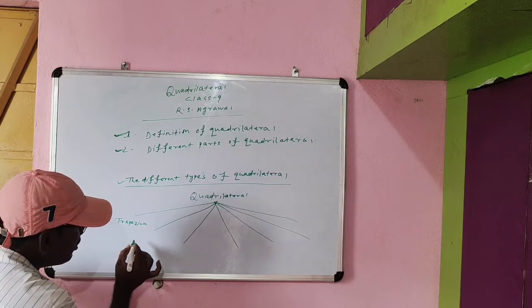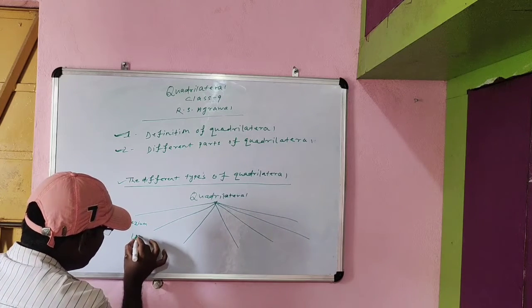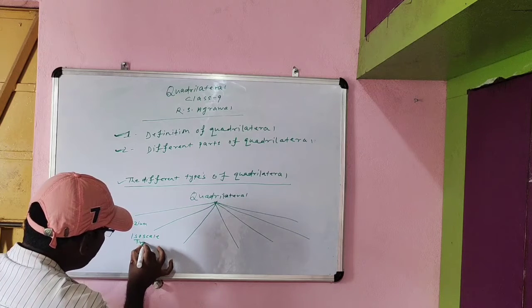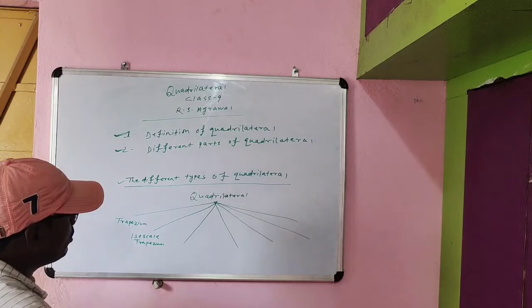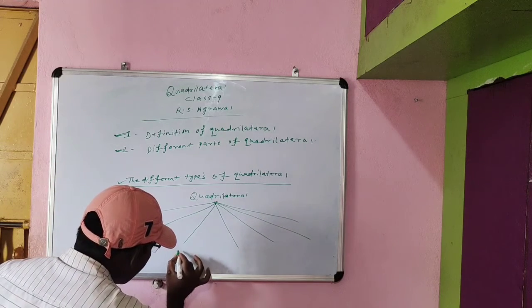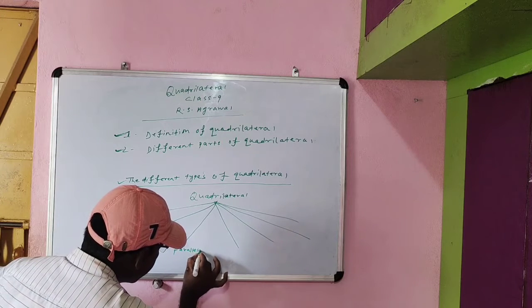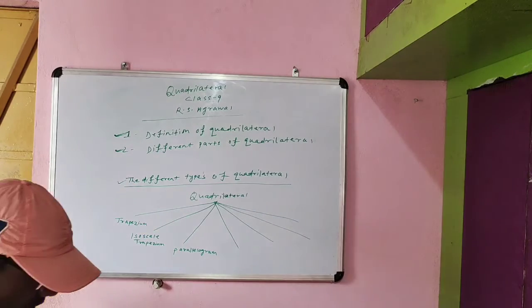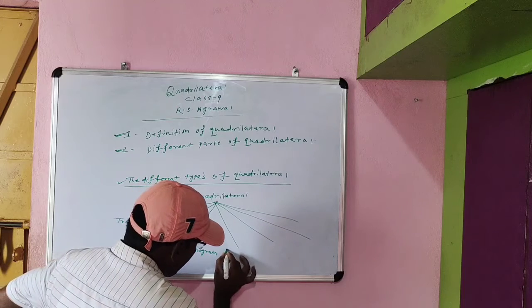The second type of quadrilateral is isosceles trapezium. The third type is parallelogram. The fourth type is rectangle.